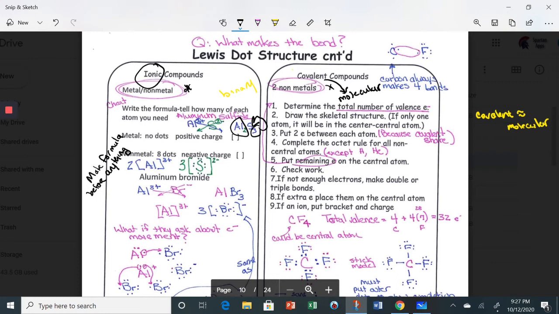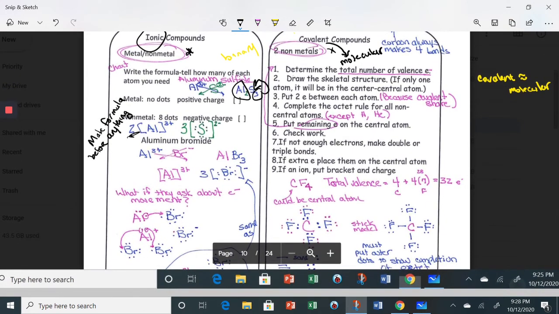I put the 3+ on the outside and I go, I need 2 of them. Oh, I put the 2 in front. Coefficient. Your subscripts become coefficients when you're doing Lewis dots with ionics. Subscripts become coefficients when you do Lewis dots with your ionics.